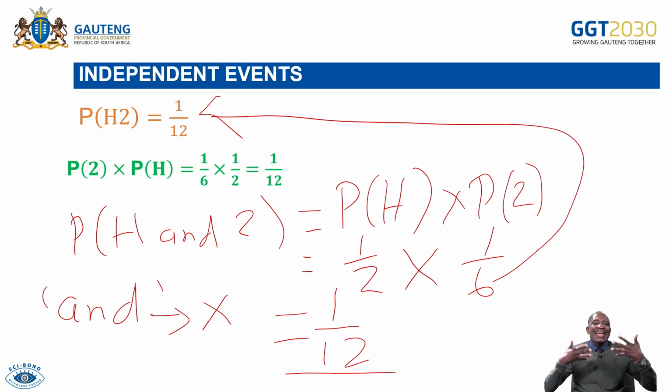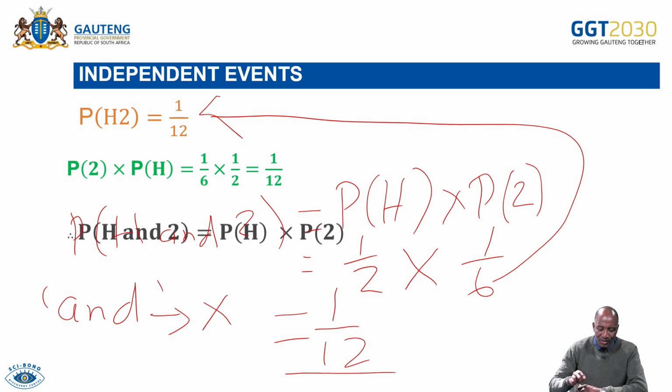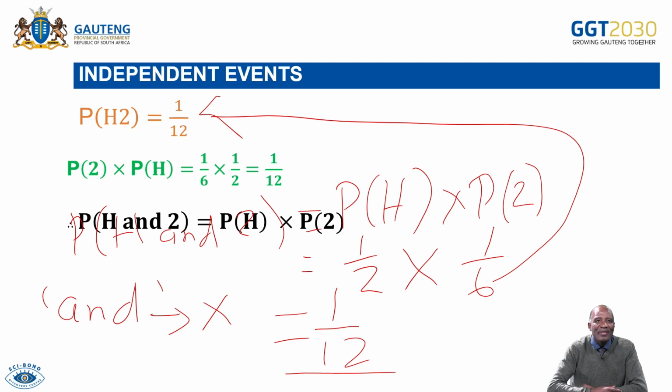Those two can happen simultaneously. These are events that can happen at the same time. Hence, they are independent of each other. So the probability of a head and a 2 is the same as the probability of a head multiplied by the probability of a 2.